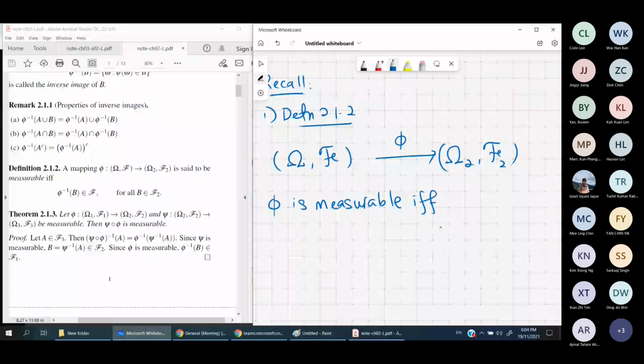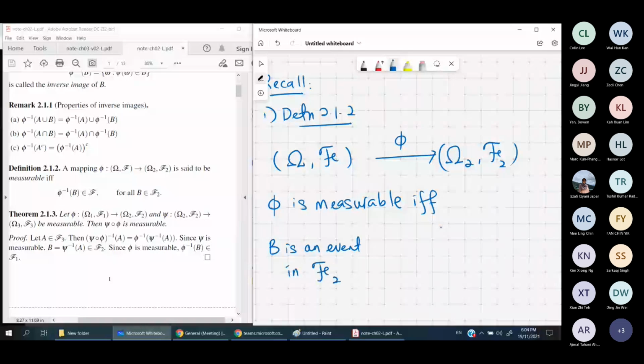So that is when B is an event in F2, or omega 2.